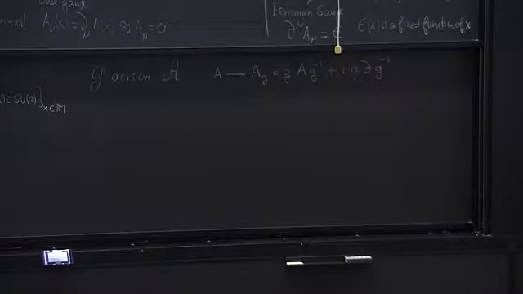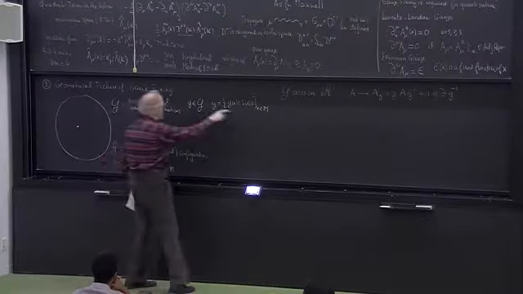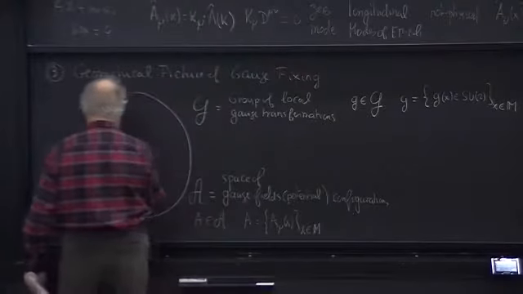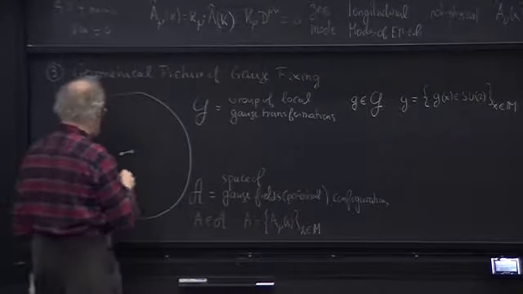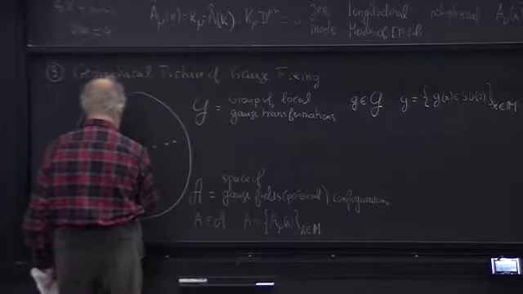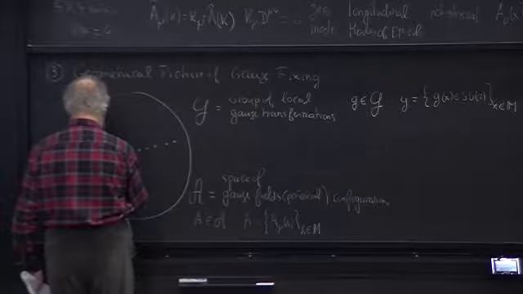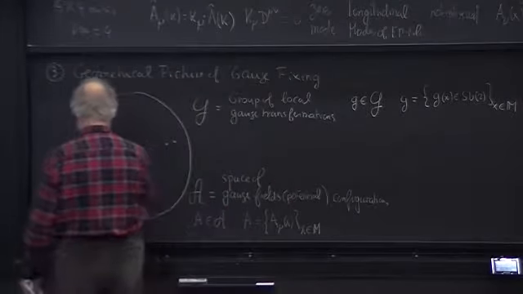Okay. So G acts on A. So this means that if you have a gauge configuration A here, any gauge transformation maps it into another A. You see? So I'm just drawing on the blackboard, in two-dimensional space, but you must think of this as an infinite dimensional space of functions.